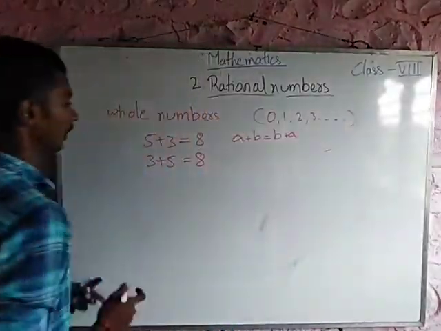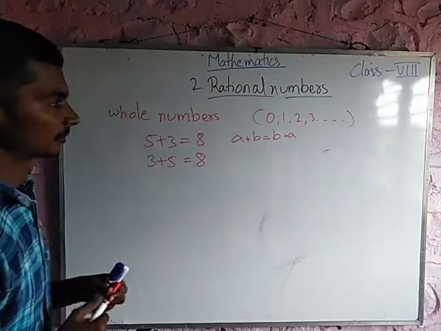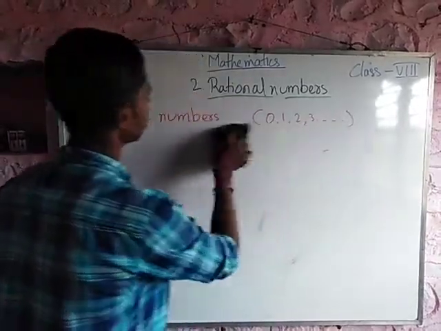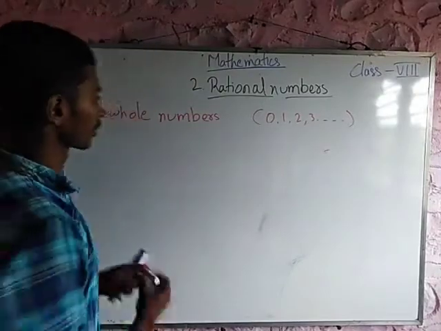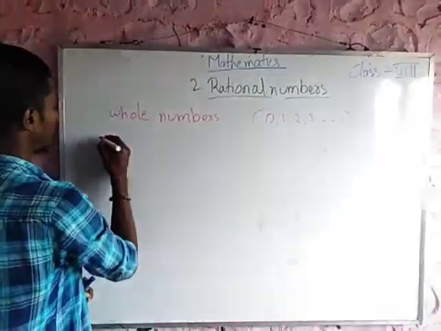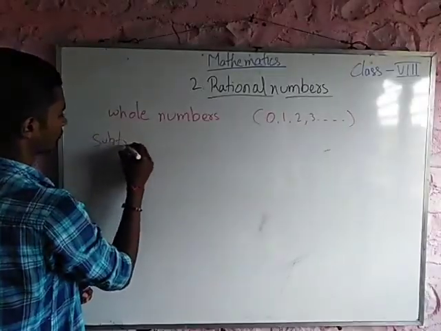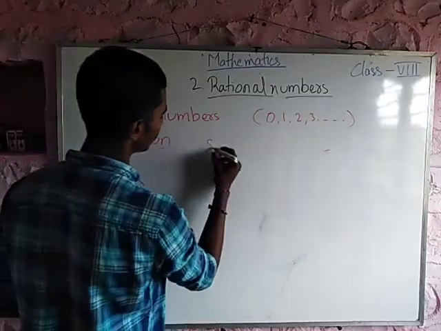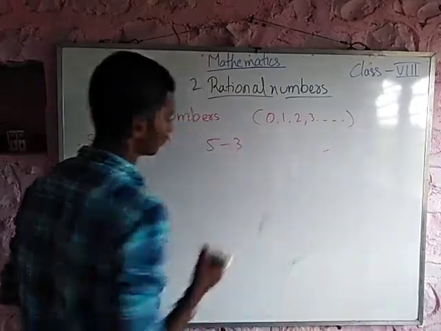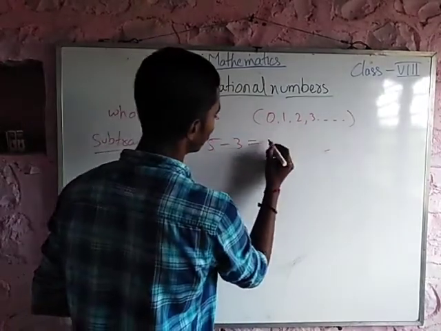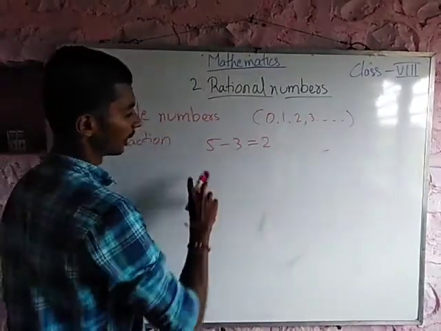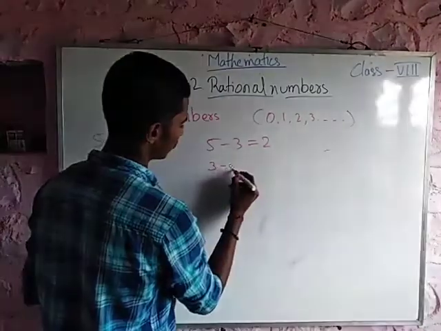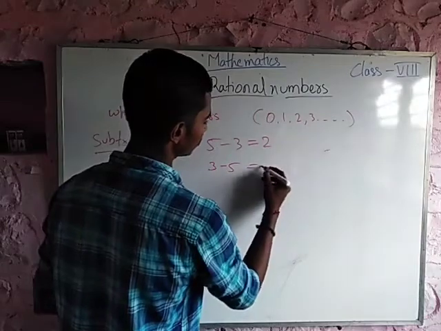Now subtraction. Example, again 5 and 3. 5 minus 3 gives me 2 and if I interchange the numbers around the operation, that is 3 minus 5, gives me minus 2.